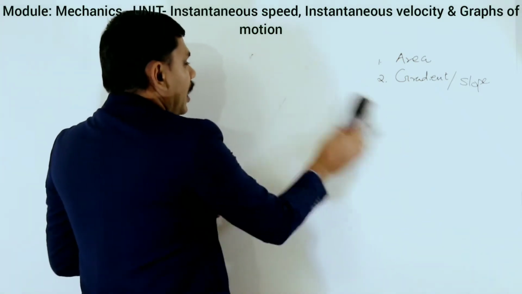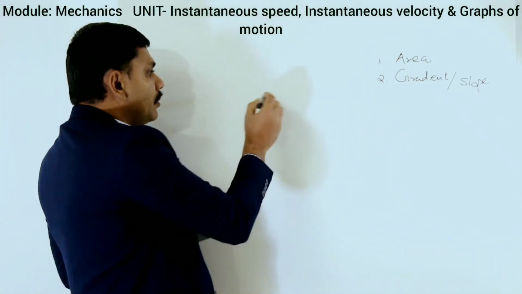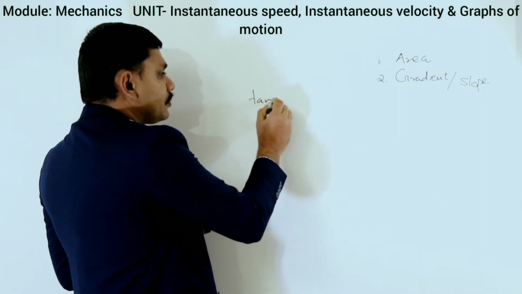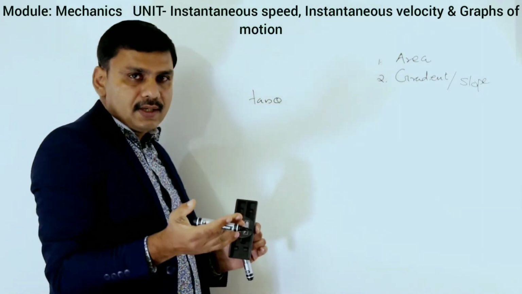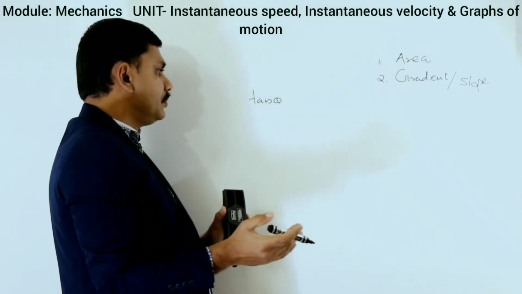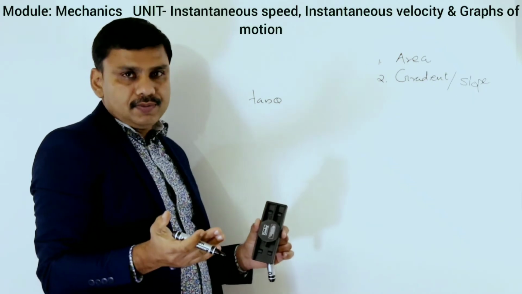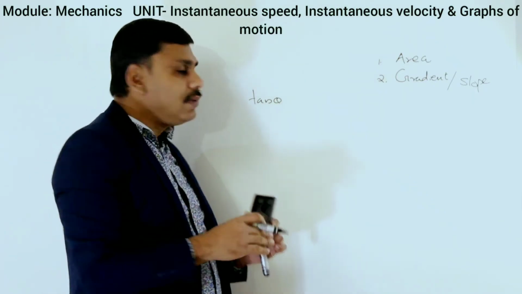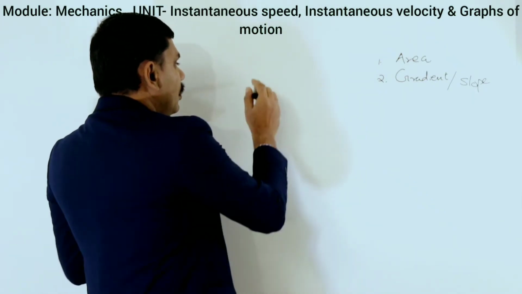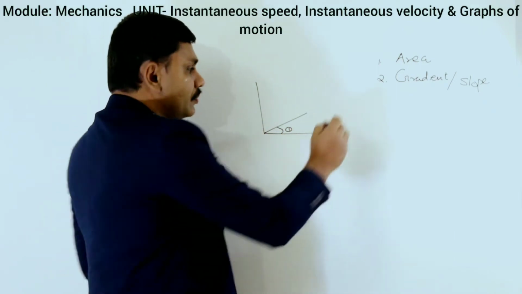So actually the graph gradient, in mathematics, is tan theta. In mathematics, the gradient of a graph is tan theta. So if theta is more, gradient will be more. If theta is less, gradient will be less. So for this graph, theta is less.